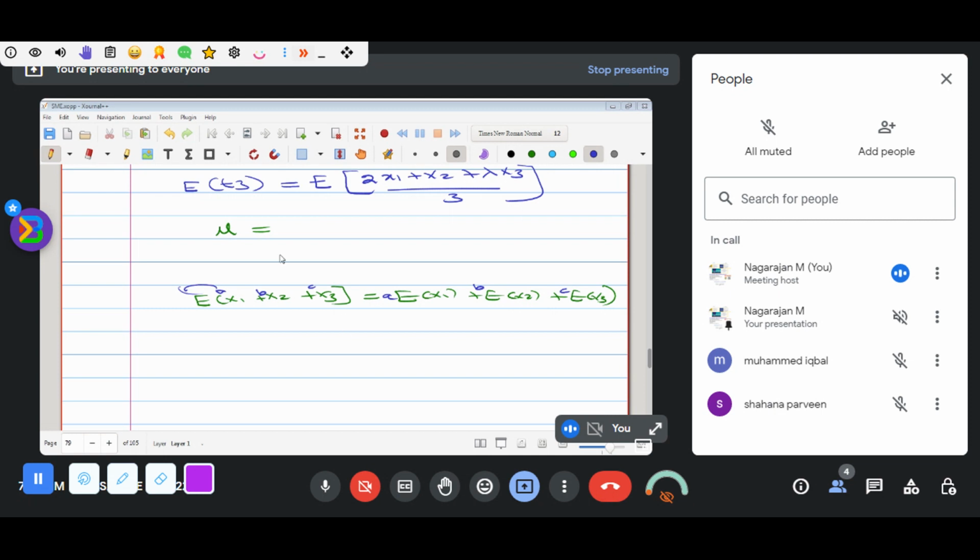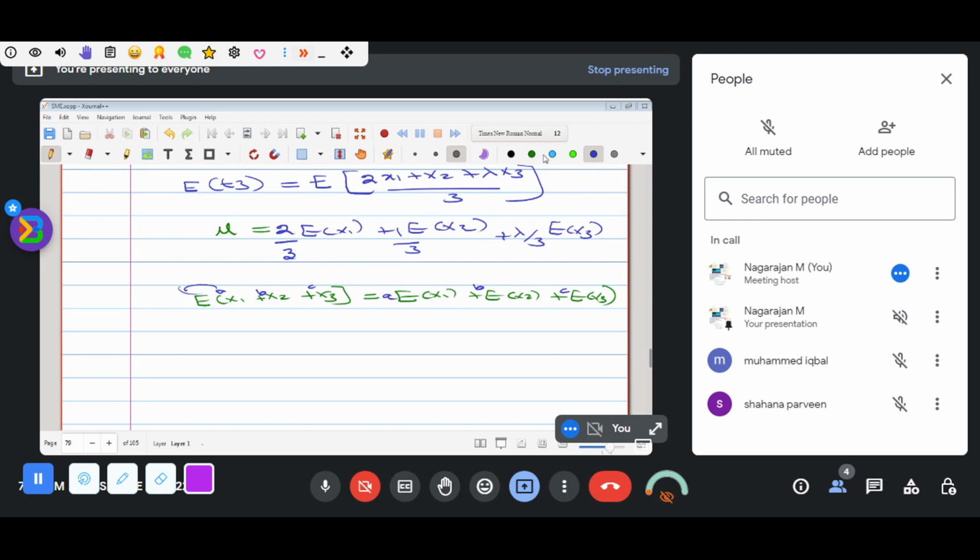Then you are getting the result: 2 into E of x1, also 3 is there, therefore separately I put 2 by 3, plus E of x2, also 3 is there, I put 1 by 3, plus lambda is a constant, therefore lambda by 3 into E of x3.